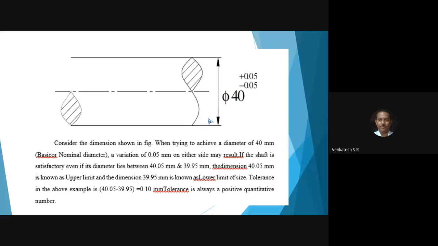Once again, if you add plus 0.05 to the basic diameter of the shaft, it becomes the upper limit. Then if you deduct 0.05 from the basic or nominal diameter of the shaft, that becomes the lower limit. The difference between the upper limit and the lower limit is the tolerance.